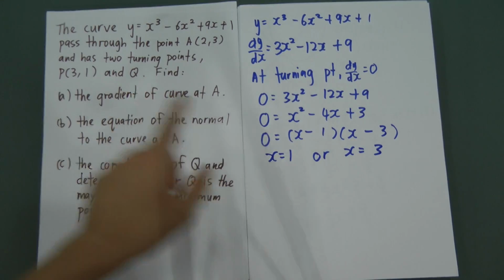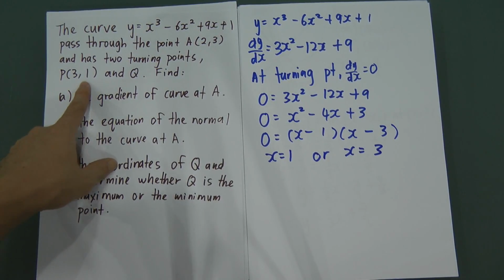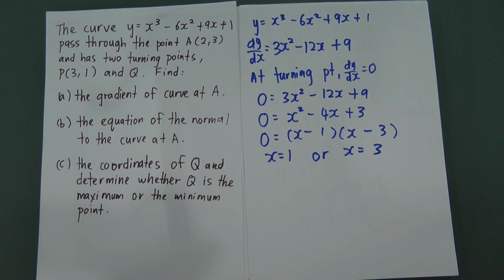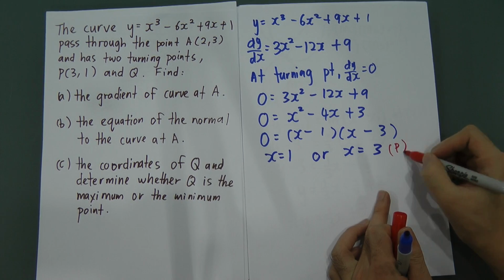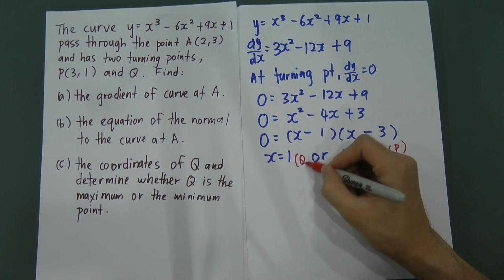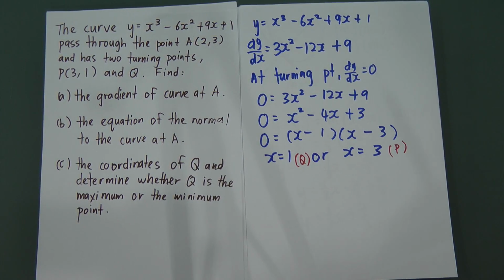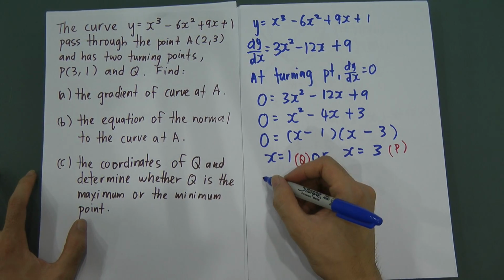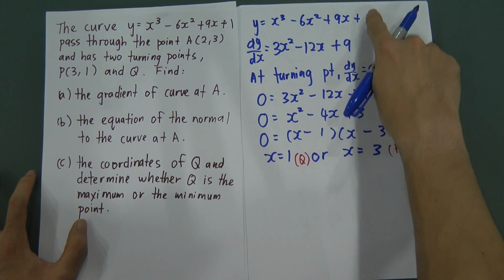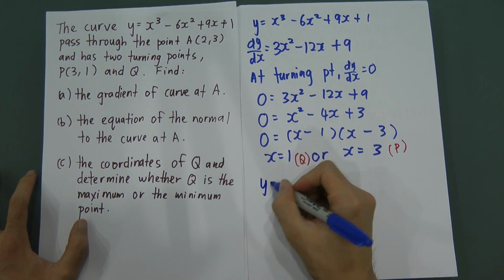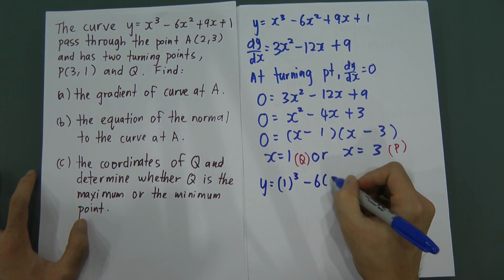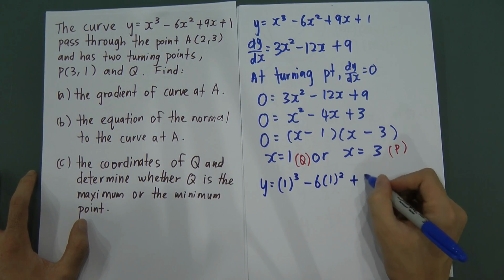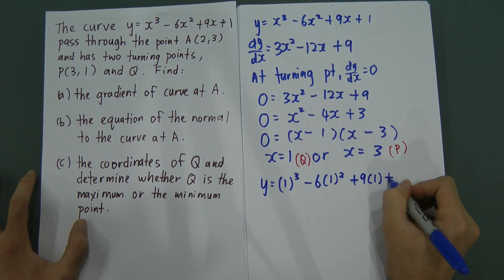Here he mentioned P is (3, 1), so we know this one is for P, and obviously this one is for Q. So we have the x value for Q now. We want to find the y value. Very simple, you just substitute this back into the curve. So y equals 1 cubed minus 6 times 1 squared plus 9 times 1 plus 1.